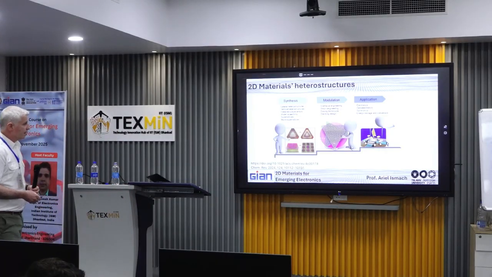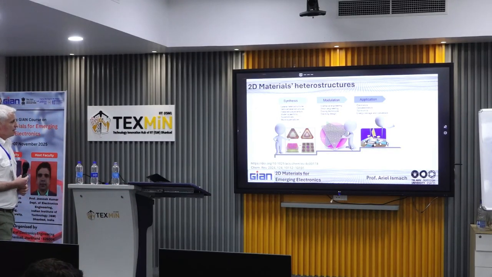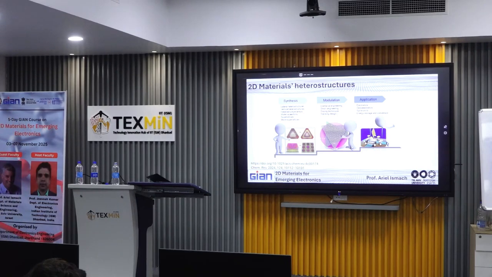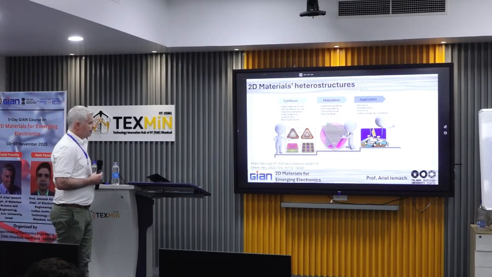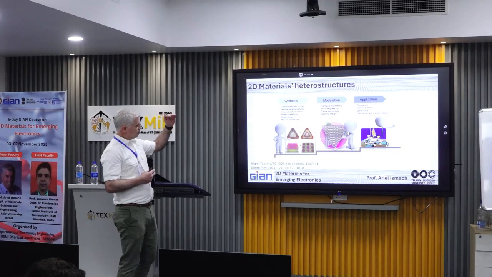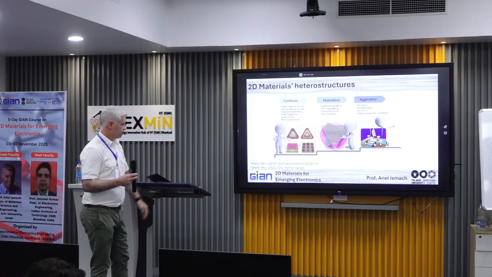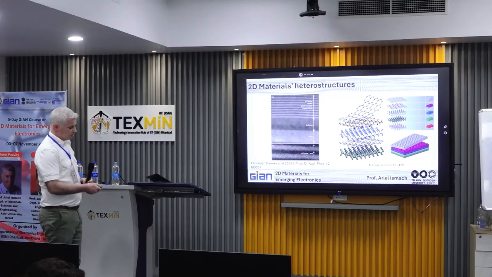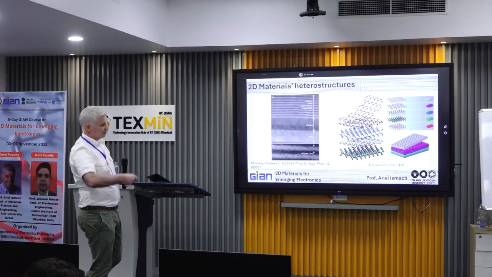So how can we make that? Of course, there are many methodologies, some of them well established, some of them less. And when we talk about heterostructures, we need to define that we can have vertical heterostructures or lateral heterostructures. And this concept holds only, of course, for the vertical heterostructures.